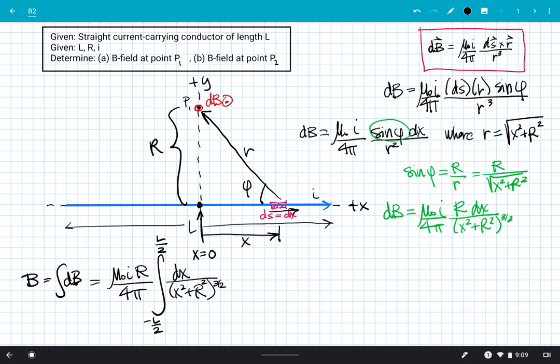Okay, and then I would execute the integration and evaluation here. I have that in the written solutions. I'm going to leave that alone for right now.